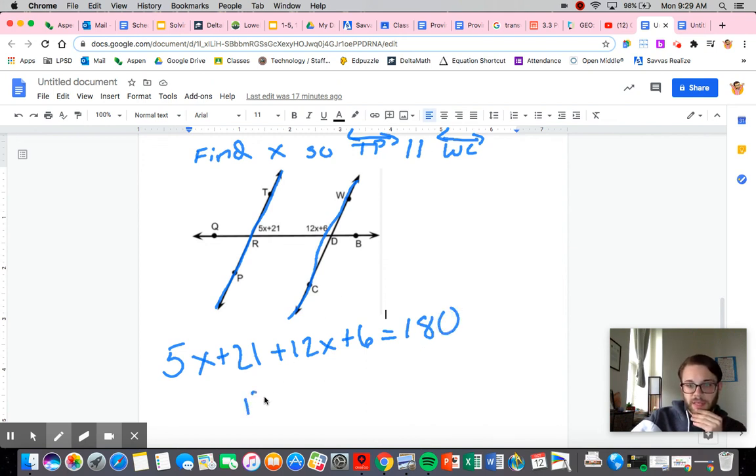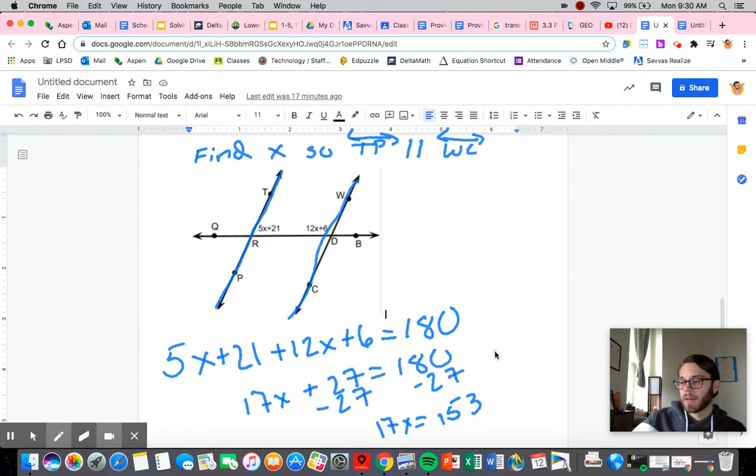We would get 17x plus 27 equals 180. When we subtract the 27, we get 17x equals 153.